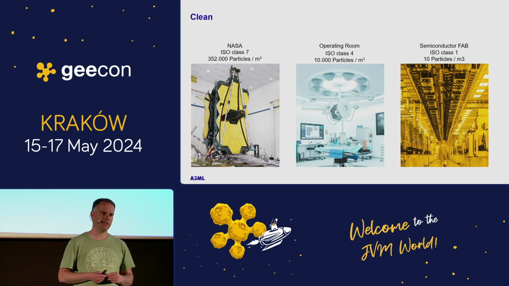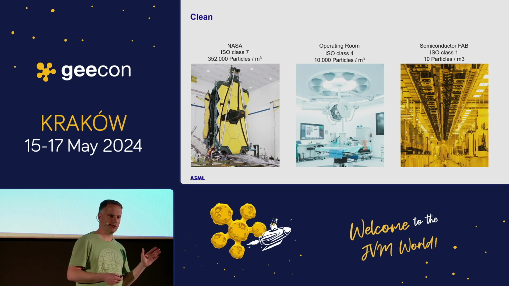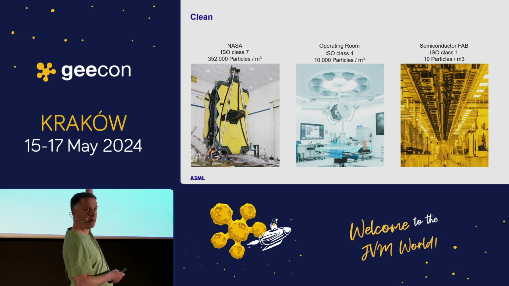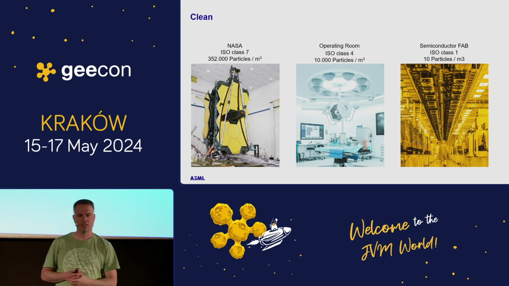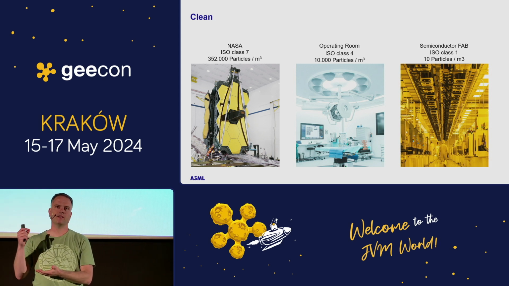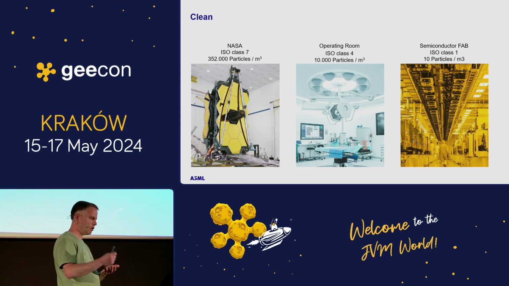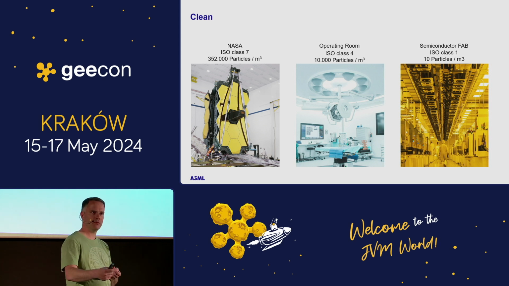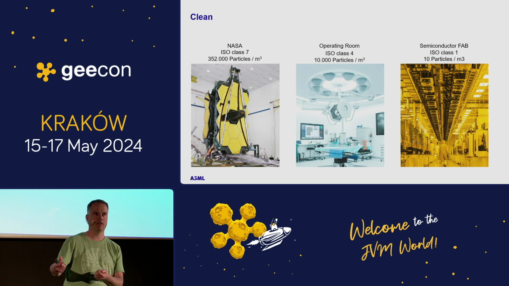One of the ways we do that is we use really clean rooms. So you see NASA here and the number of particles. Yeah, those people in the US are quite dirty, right? But they probably, for them, it doesn't matter. For us, we really need that cleanliness. If in our clean rooms a person enters the room, the person is actually the biggest contaminator.